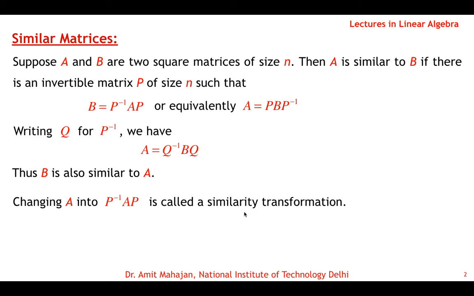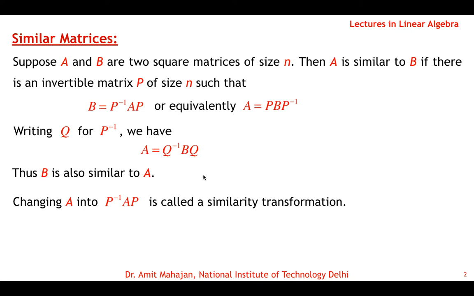This is a different definition. Here we are not applying any row operations on matrix A to obtain B. We are saying that A and B are similar matrices if there is an invertible matrix such that this holds. So no operations are applied to obtain B from A or A from B.